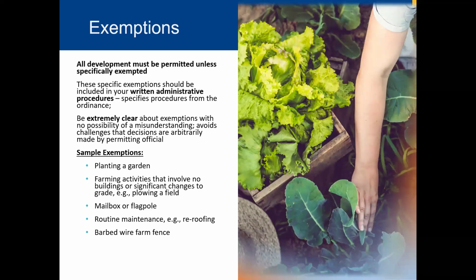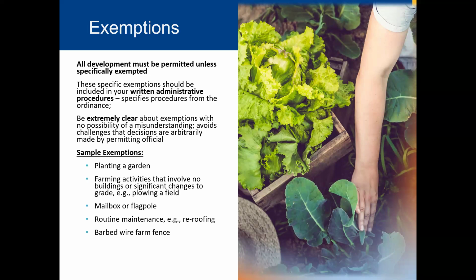And just a note on that, replacing a roof is different from re-shingling a roof. And so that's what we're referring to. And then this should be written down, put it in writing, what exactly is exempted, and put that in your written administrative procedures.